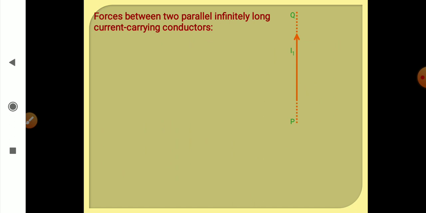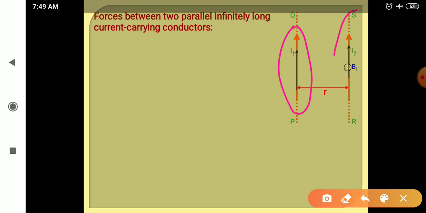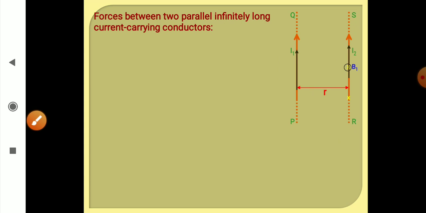So here we have conductor PQ carrying current I1, RS carrying current I2, placed at distance R. And see, here this conductor PQ is carrying current I1, so it will produce magnetic field at this place, right? And it is producing magnetic field B1 everywhere, right?